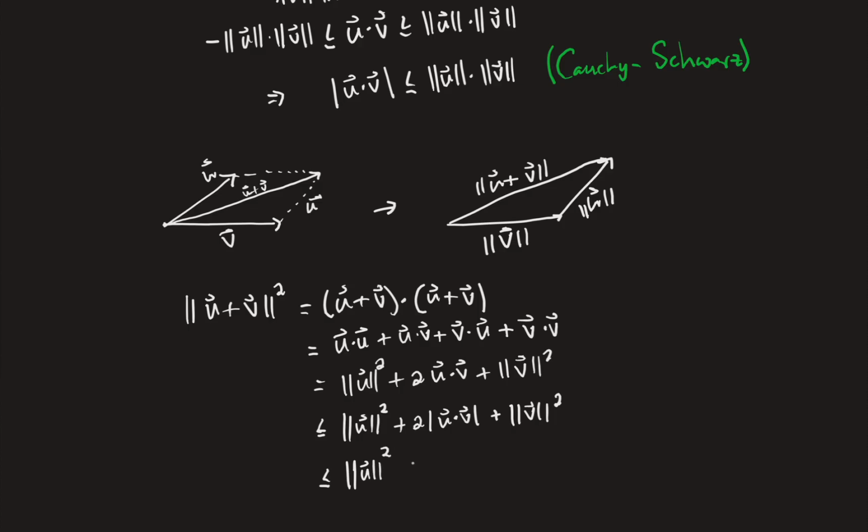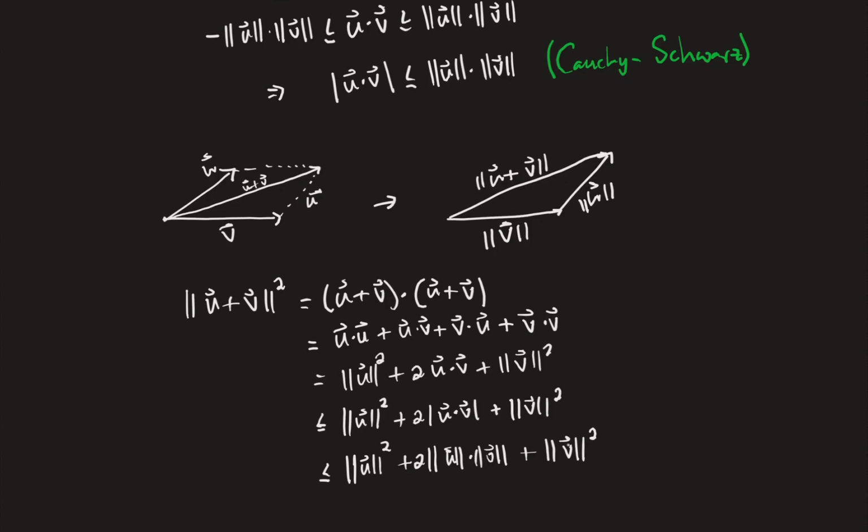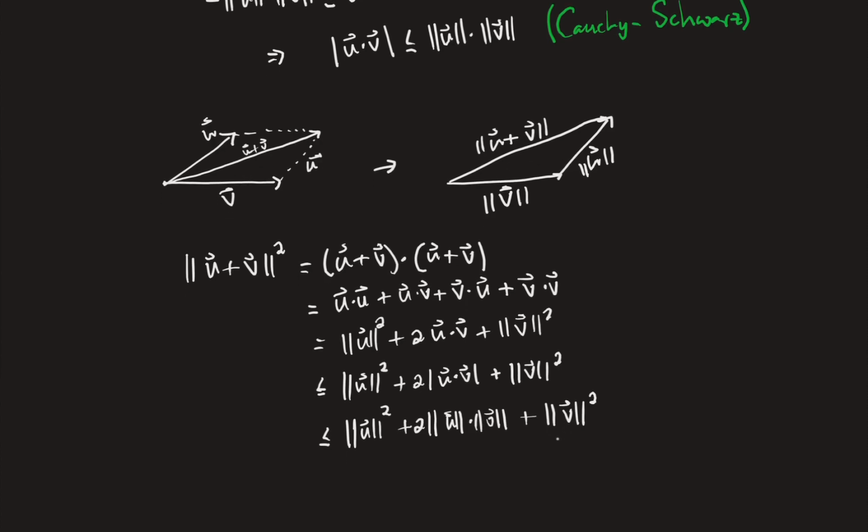We've got the norm of u squared, and then plus 2 times the magnitude of u times the magnitude of v, plus the magnitude of v squared. And I mentioned the perfect square formula earlier. And if you look closely, it does look like it.